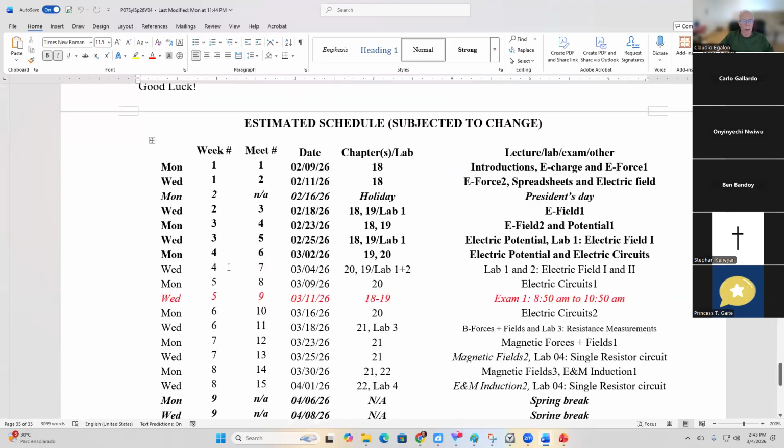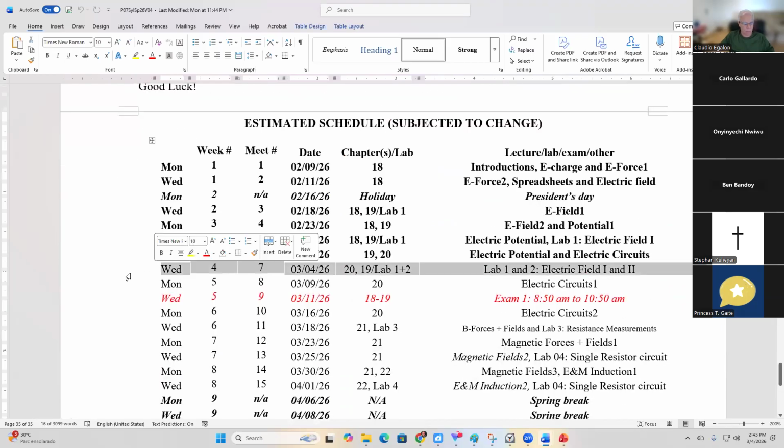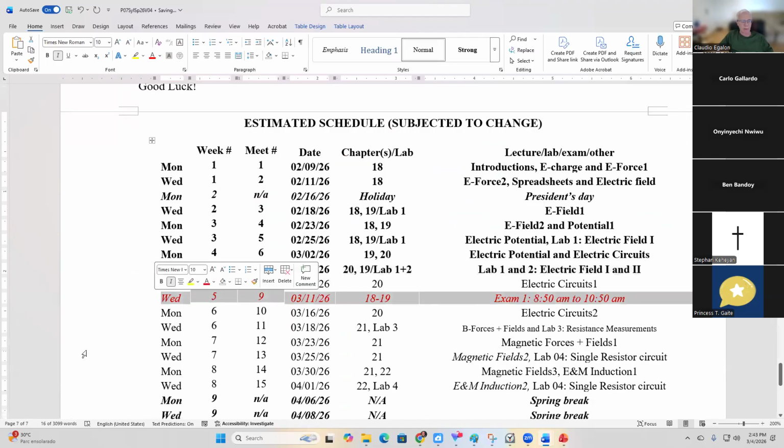We are writing here Wednesday, 4th of March. And we're going to cover some of the material for the exam, right? That's going to show up in the exam. And then the exam is going to be next week, 7 days from now. It's going to be from 8:50 a.m. to 10:50 a.m. in Canvas.